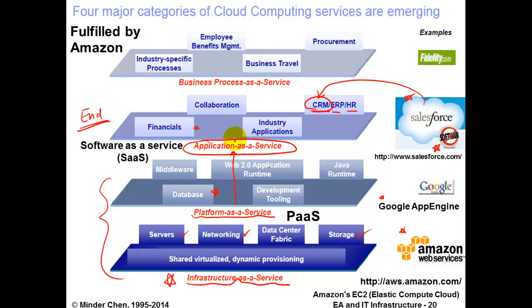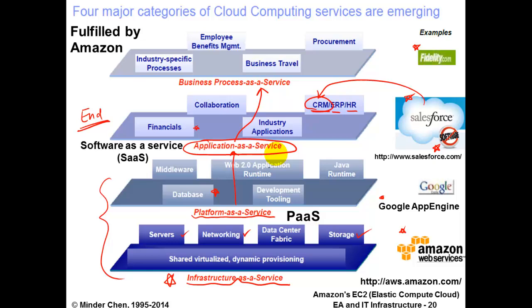One level up, which is kind of new, is called business process as a service. Okay. We're providing industry-specific services, like handling your benefits, your retirement money investment, okay, handling your business travel. They may still actually use some web-based application, the application as a service, but it's on the provider side.